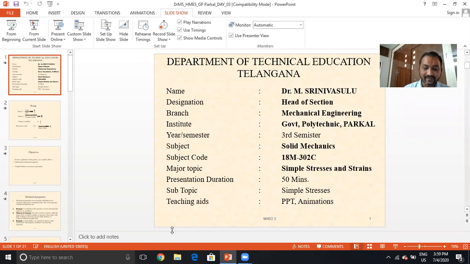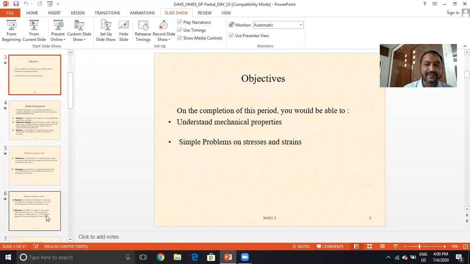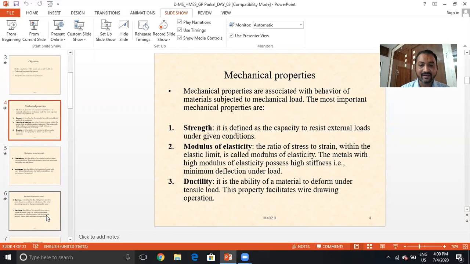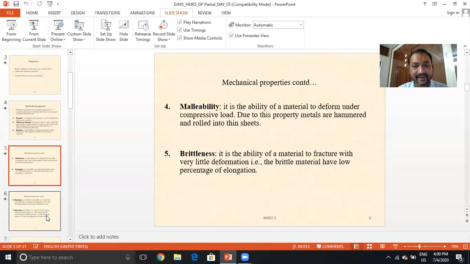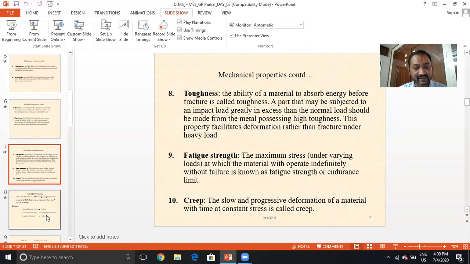And in this lesson, we have discussed the mechanical properties, and we have defined the different properties like strength, modulus of elasticity, ductility, malleability, brittleness, hardness, resistance, toughness, and so on.